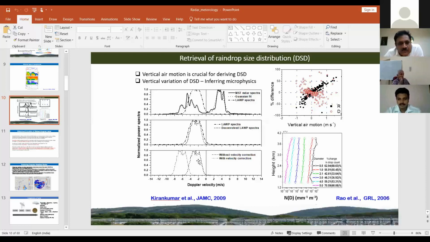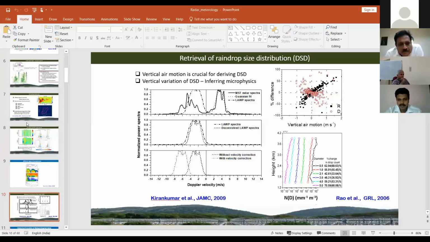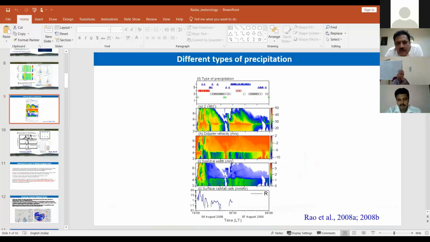Okay, sir. So Daniel Simon was asking, there is a bright band centered at the mid-tropospheric level in the radar reflectivity diagram shown. Is it because of the freezing of water particles at that level? Yeah.